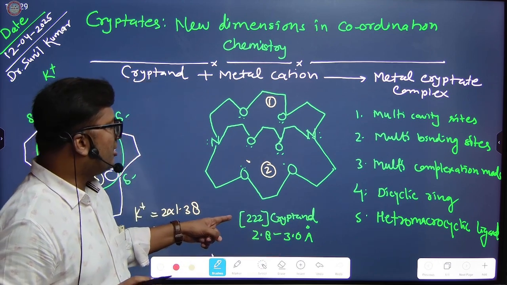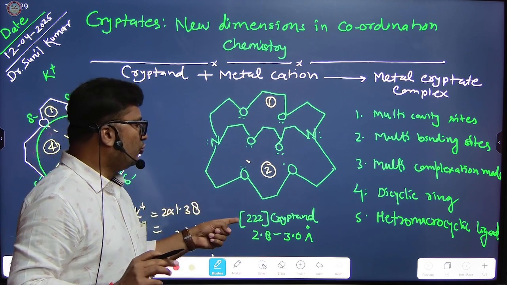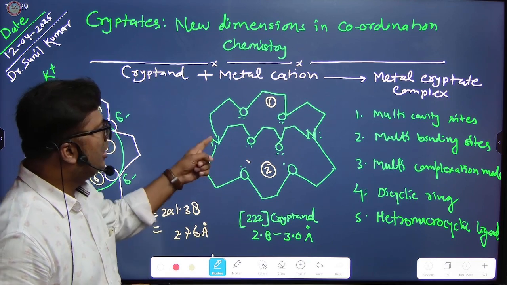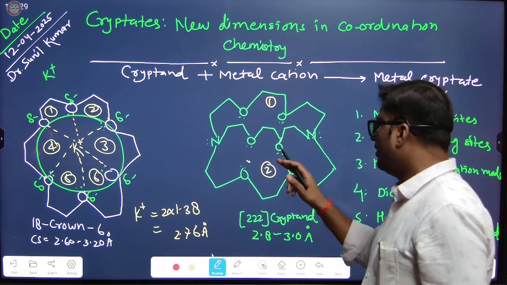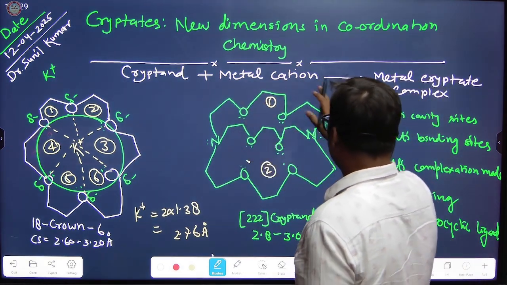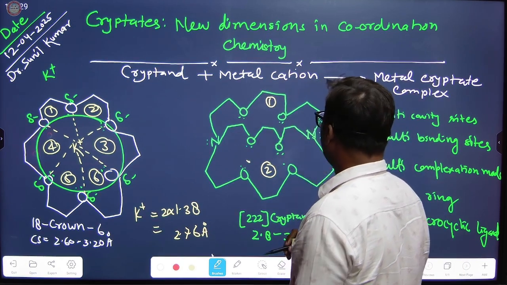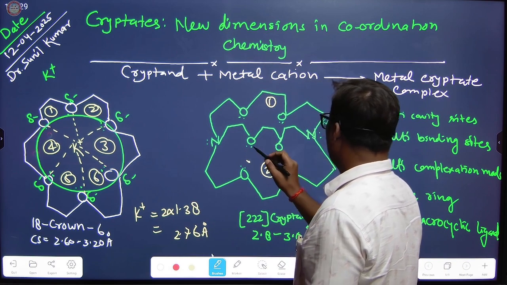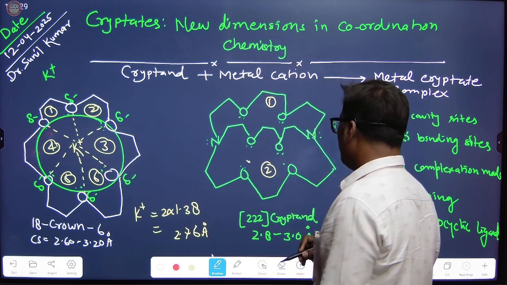The nomenclature 222 indicates the number of ethereal oxygen groups in each nitrogen-nitrogen bridge. So 1, 2 in the first thread, 1, 2 in the second thread, and 1, 2 in the third thread.